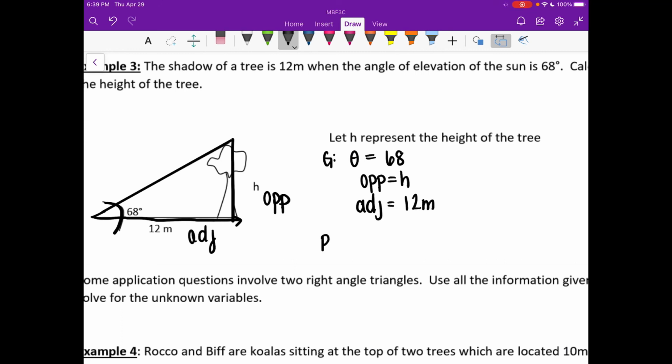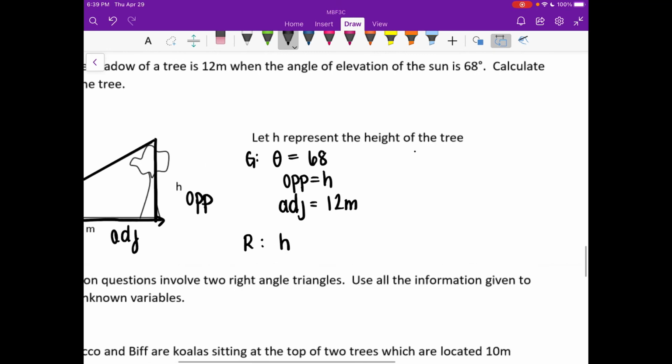I'm required to find the height. So if I look at this, I know I can use tan, right? So tan theta is equal to opposite over adjacent from my SOHCAHTOA laws. So let's just solve this. Tan theta is 68 just from here.